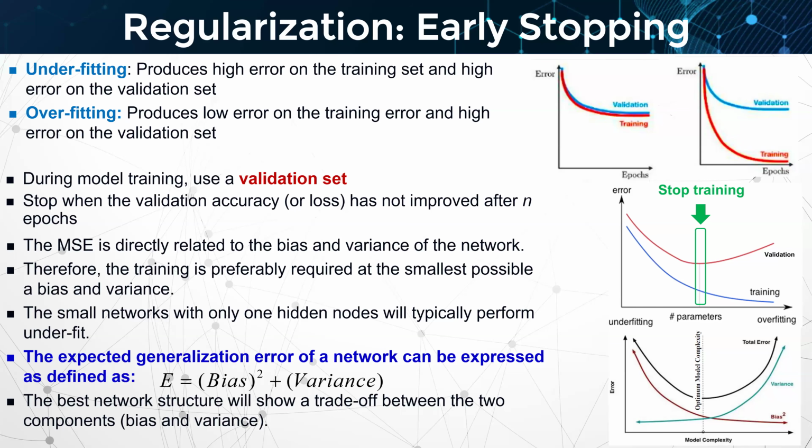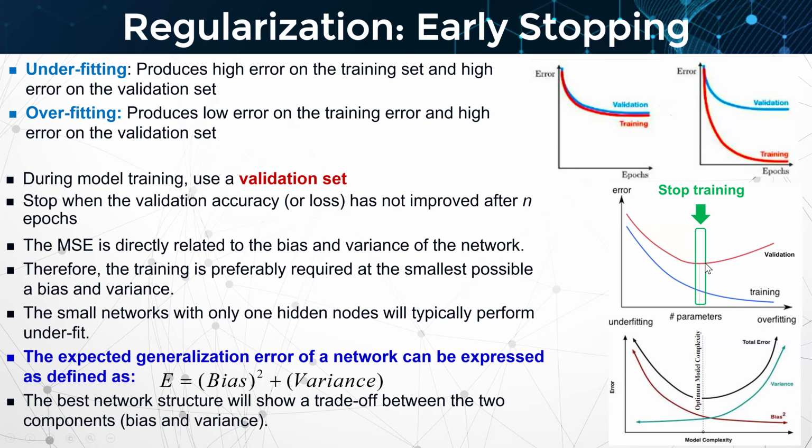So for the optimum stopping criteria, as you can see, as long as we have a reduction in the training error and also the validation error, the network is performing well. But once the validation error starts to increase, like at this point, while we have continuous reduction in the training error.